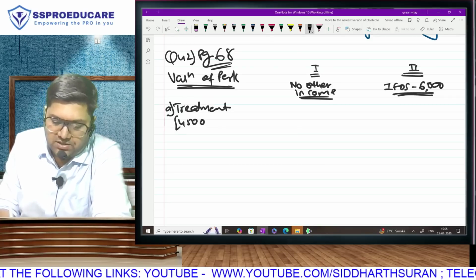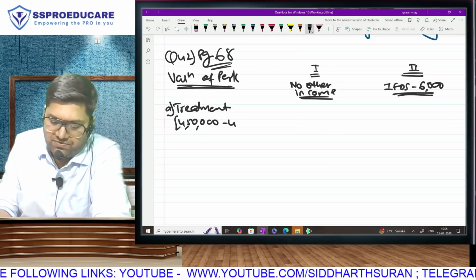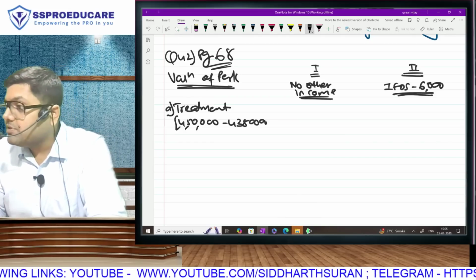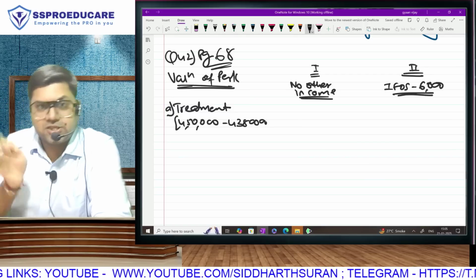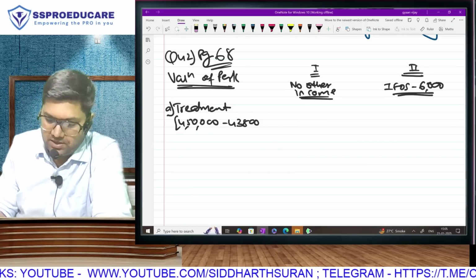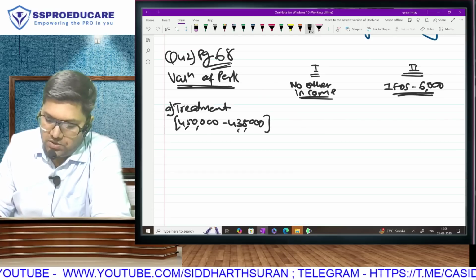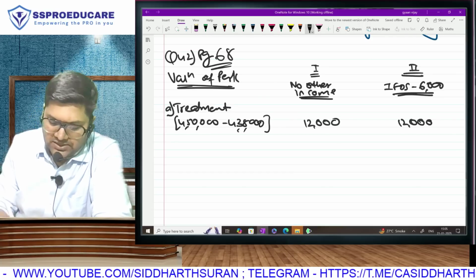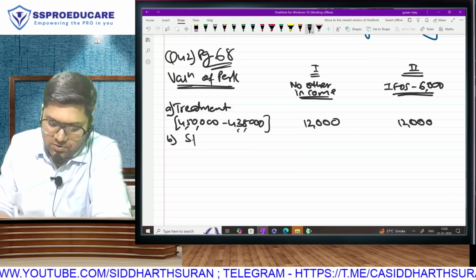4,50,000. Out of which the amount of exemption is going to be the amount which is permitted by RBI. This is allowed only if the income is up to 2 lakh? No, this is always going to be allowed. Amount permitted by RBI. Fantastic. So can I say the taxable perquisite here will be 12,000 for both? Second, the cost of stay abroad.